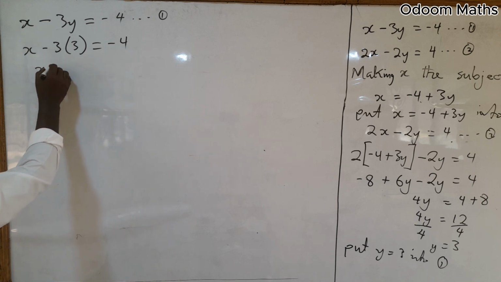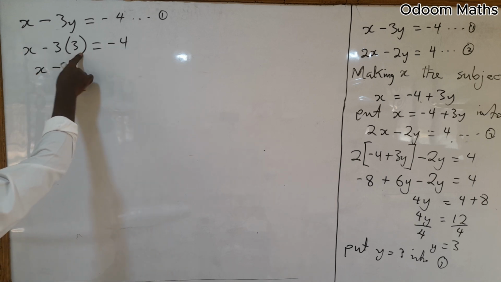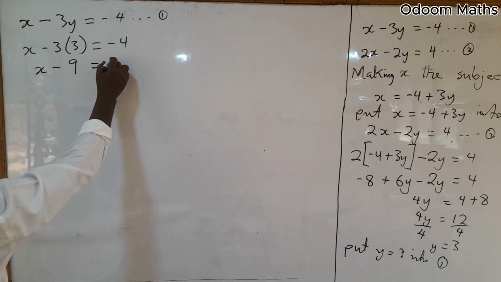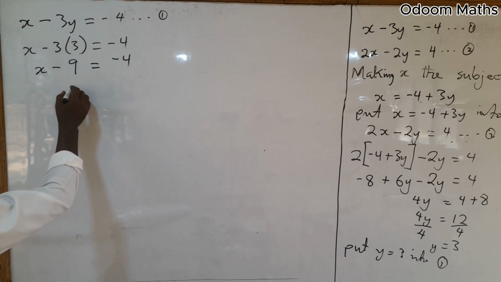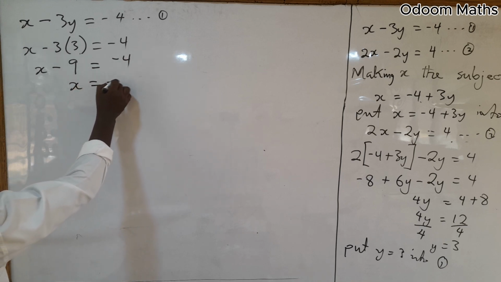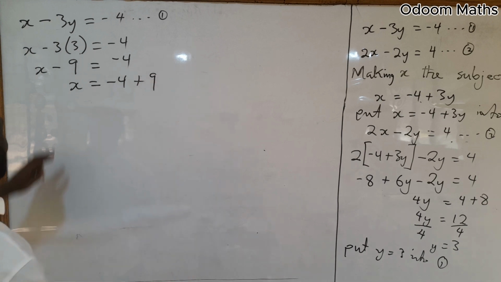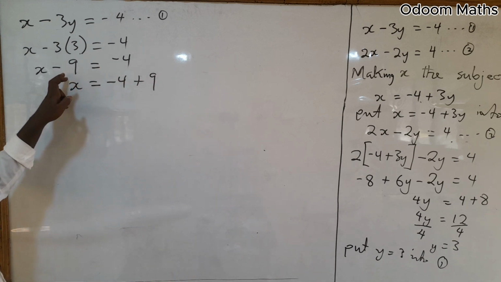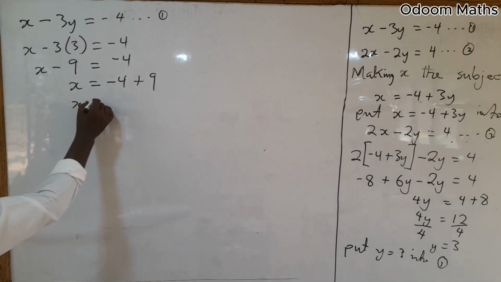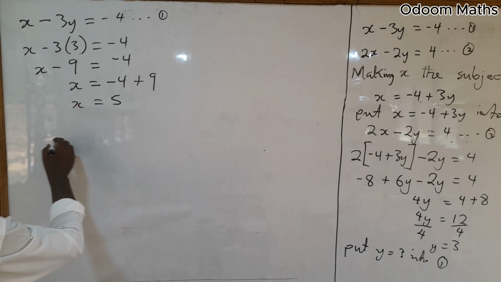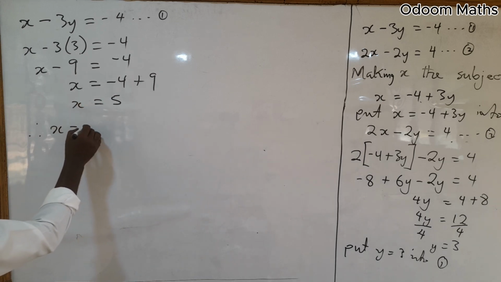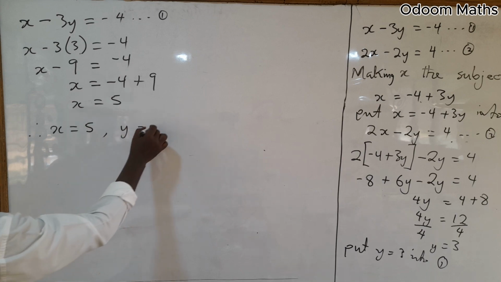Now this is x minus 9 equals negative 4. Then we group like terms. x becomes negative 4 plus 9, when you add positive 9 to both sides. So x is going to be 5. Therefore, our x is 5 and y is 3.